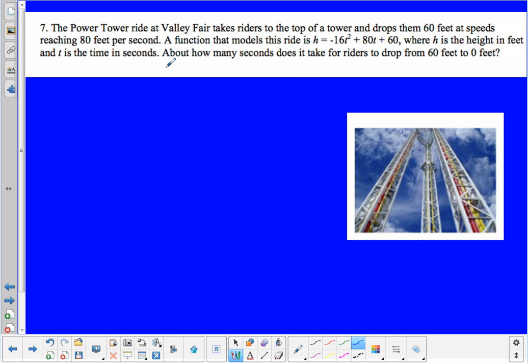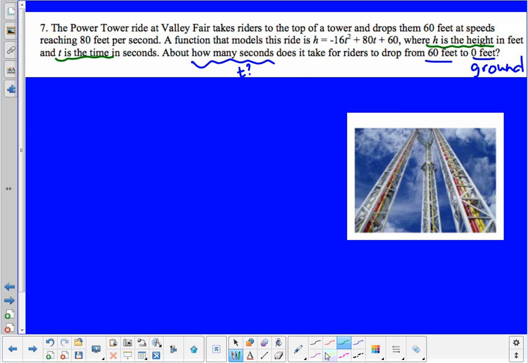Okay, so you're given a whole bunch of information in this question, and you're asked how many seconds, that's your t, does it take for the riders to drop from 60 feet to 0 feet, or in other words, to the ground. You're also told that h is height and that t is time.